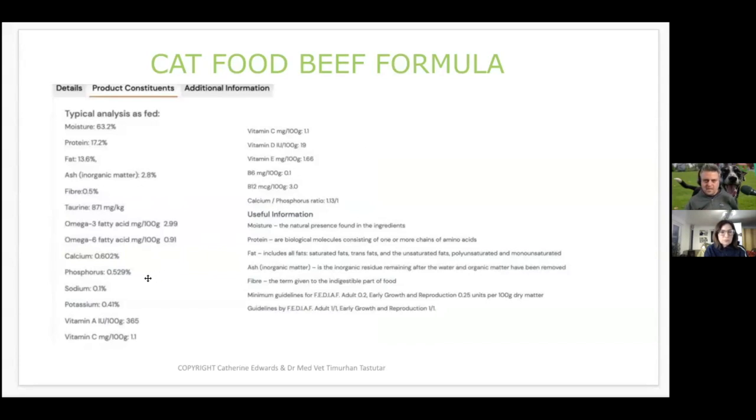But as you can see, they have a lot of added vitamins: vitamin C, vitamin D, vitamin E, B6, B12. And they put here calcium phosphorus ratio 1.13:1. This is very low. Not enough calcium for the bone, not enough calcium for the nervous system. This is not good.